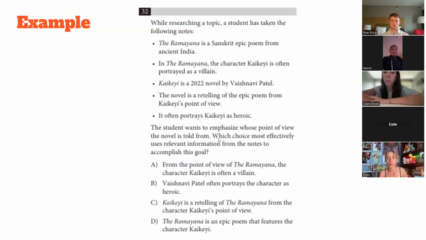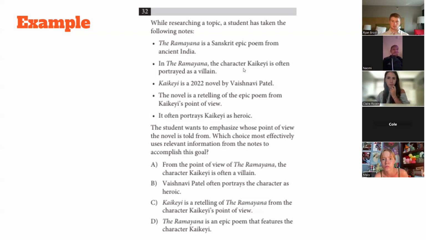So let's look at this here. Again, let's read the question first. The student wants to emphasize whose point of view the novel is told from. Which choice most effectively uses relevant information from the notes to accomplish this goal? Let's read the notes here. The Ramayana is a Sanskrit epic poem from ancient India.